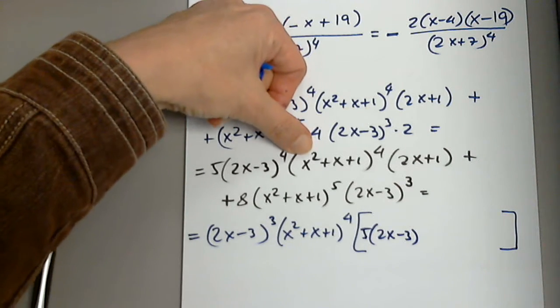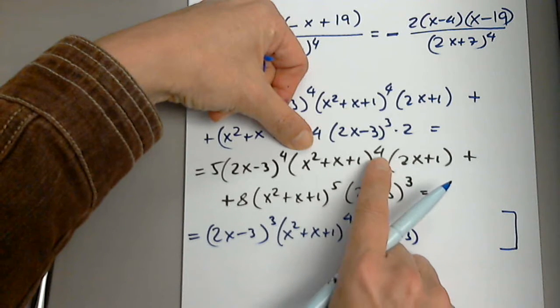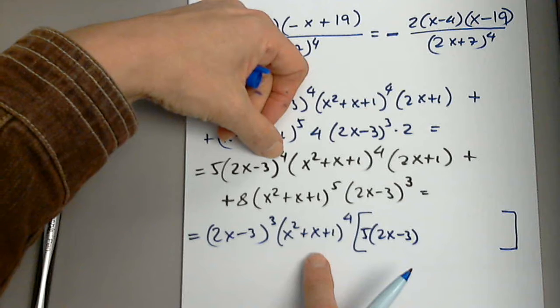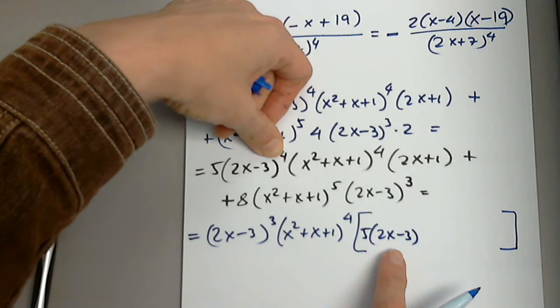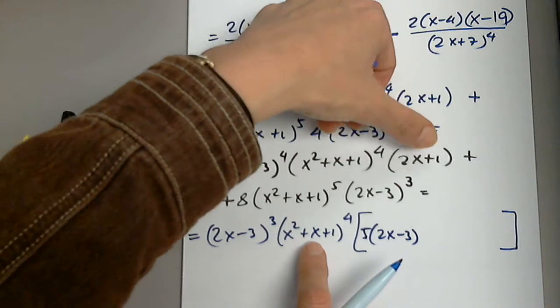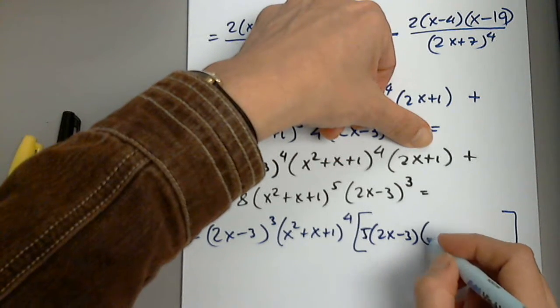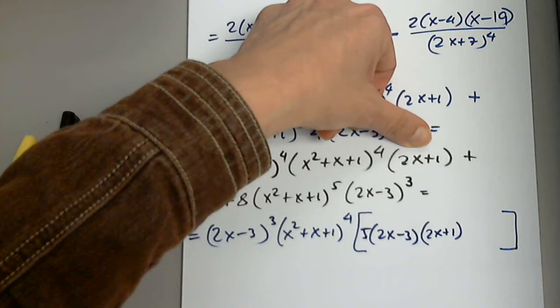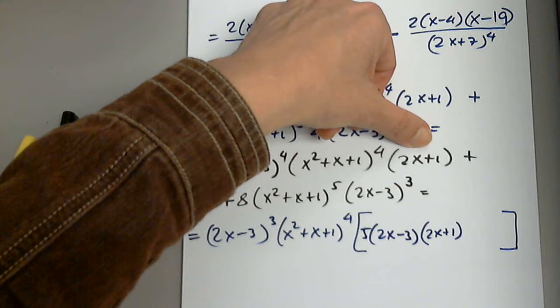Then I see x squared plus x plus 1 to the 4th, but I took it all out. So from these 4, I took 3 out, 1 is still left. From these 4, I took all of them out, so they're gone. But I still have a 2x plus 1. So I have to multiply by 2x plus 1. Is this okay? Can you follow?